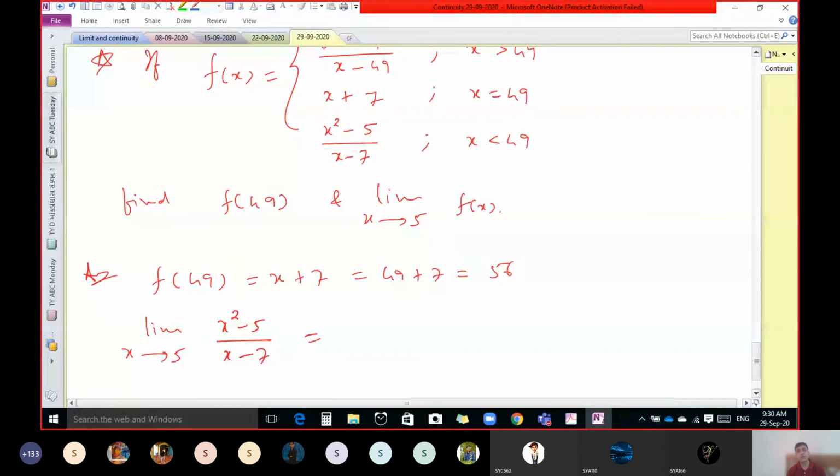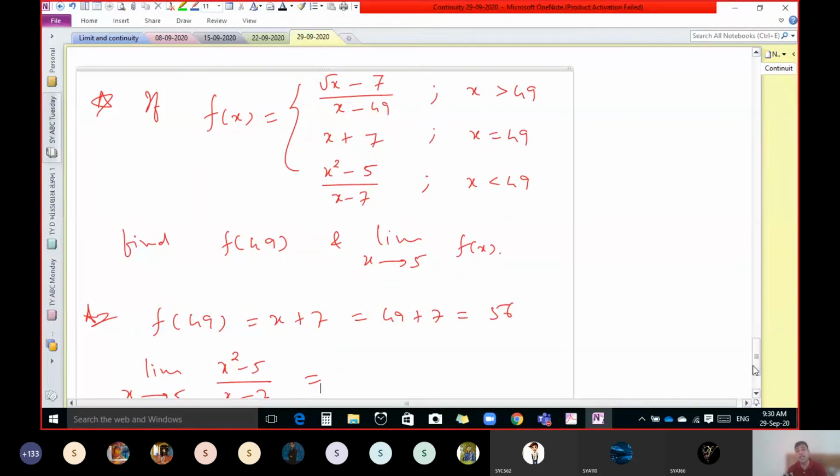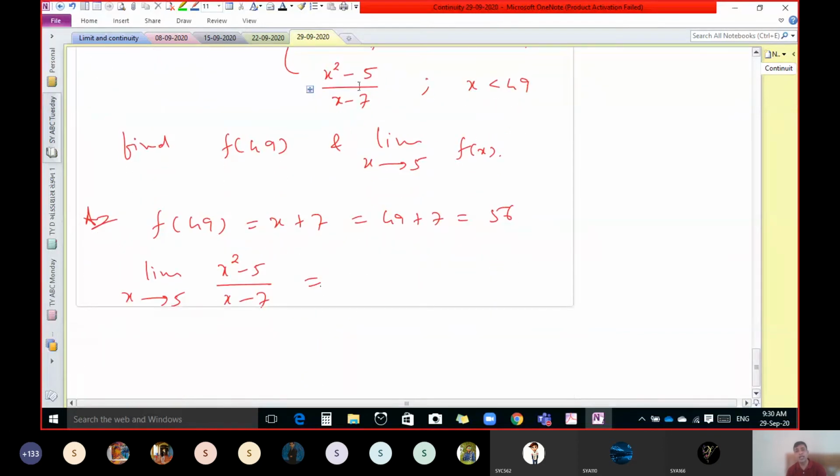Once again, why we have to avoid using first function? The first function is applicable only when x is more than 49. When x is less than 49, you have to use this function. Limit x tends to 5 plus or 5 minus, in both cases your x is less than 49, because here it is 5.001 and here it is 4.999.